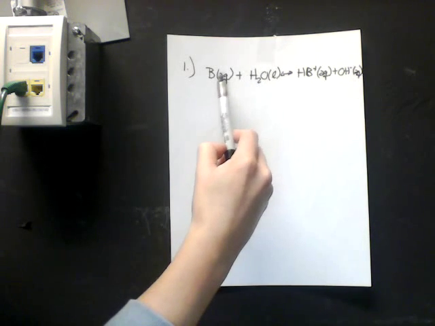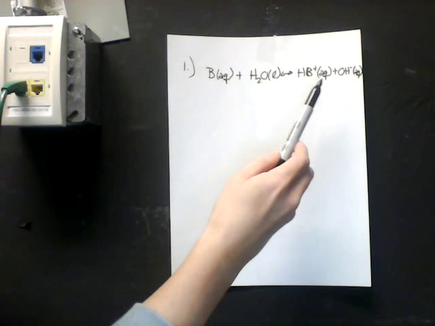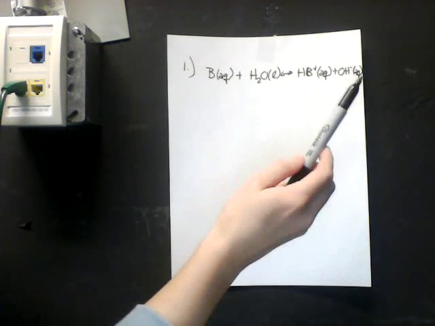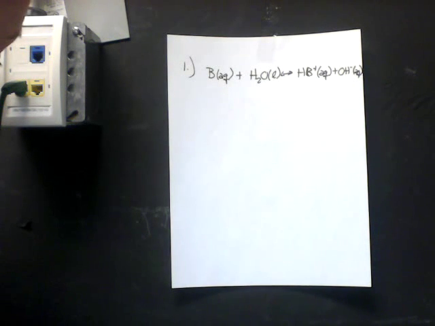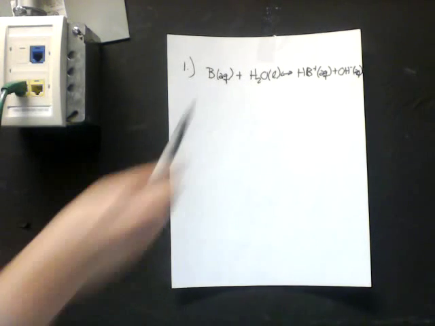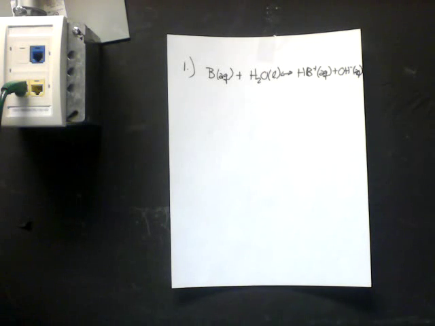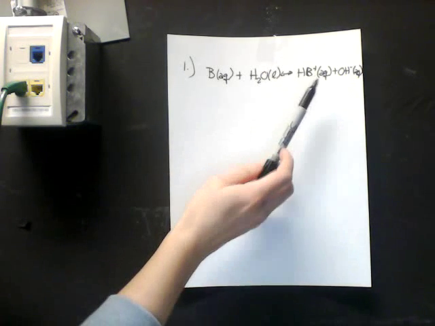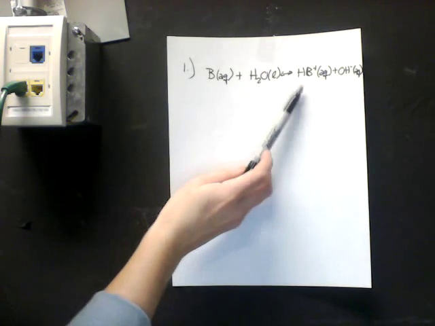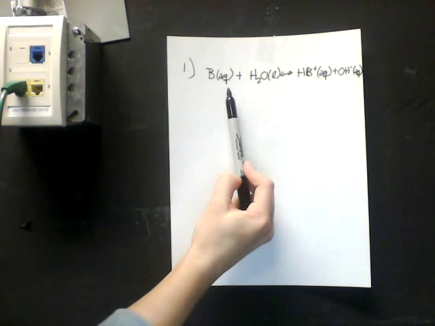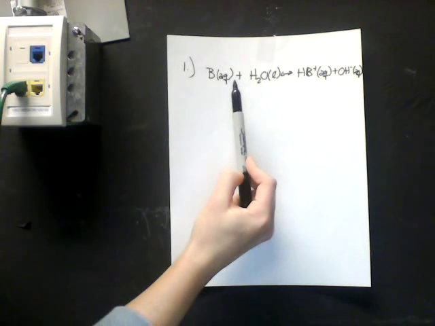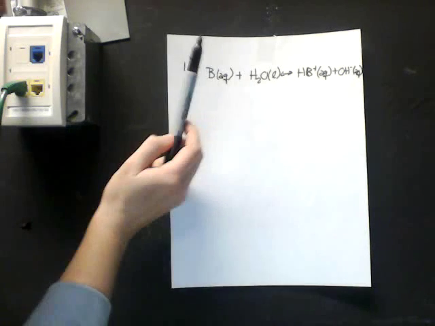You add more B, it's going to shift it over more to the product side. So that's the biggest thing. Here it says, explain the effect of the presence of a salt of HB+, so they're telling me that's my salt, on the ionization of B. So basically if I'm adding more of this, it'll shift the equilibrium over to the left side, or the reactants. You can say left side or reactants, either way is fine.